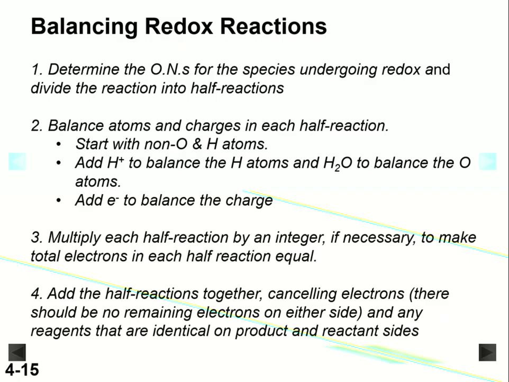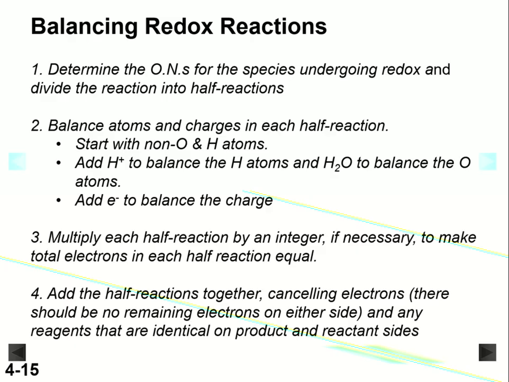Then we take each of these half reactions and we balance them with respect to atoms and with respect to charge. In order to do this, we start off and we take one half reaction and we balance its non-oxygen and non-hydrogen atoms. Next up, we balance the oxygens by adding water, and then we add protons to balance out the hydrogen atoms. At this point, for that one half reaction, all the atoms will be balanced, but the charge on each side will not be equal.